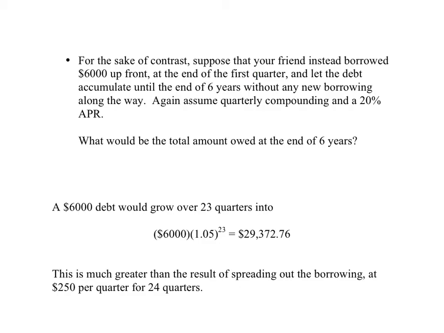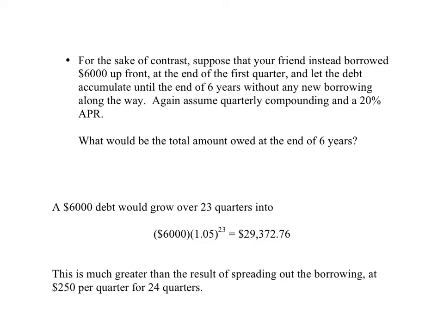Right? But then just lets the debt accumulate until the end of 6 years without any new borrowing or any paying back of the loan along the way. So a one-time $6,000 loan. Again, we'll assume quarterly compounding and a 20% APR. What will be the total amount owed at the end of 6 years?